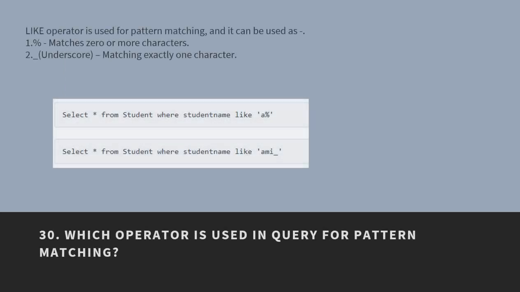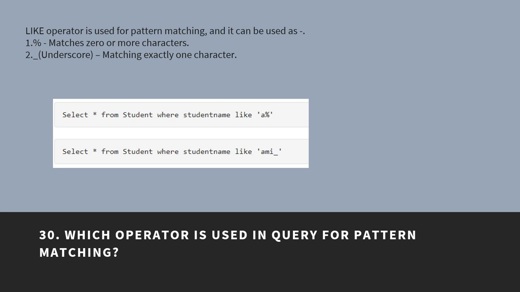Which operator is used in the query for pattern matching? LIKE. LIKE is the operator used for pattern matching. Percentage matches 0 or more characters. Underscore matches exactly one character.